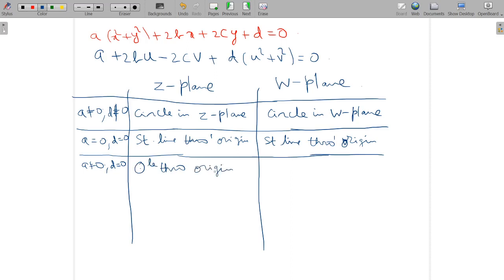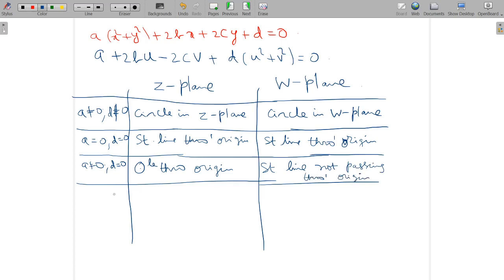And now a is not equal to 0 but d is equal to 0. When d is equal to 0 in the w plane, I will have a straight line, not passing through origin, because a is not equal to 0.